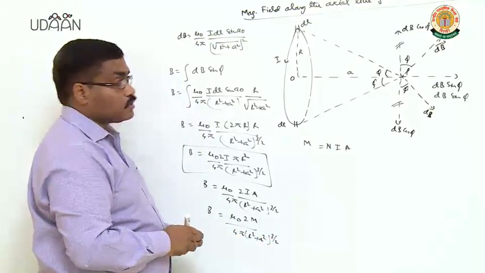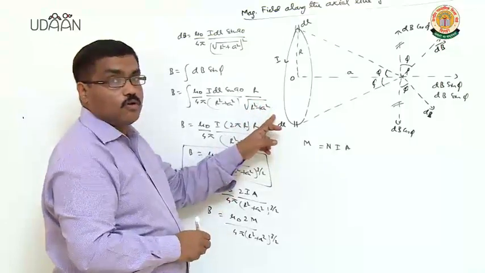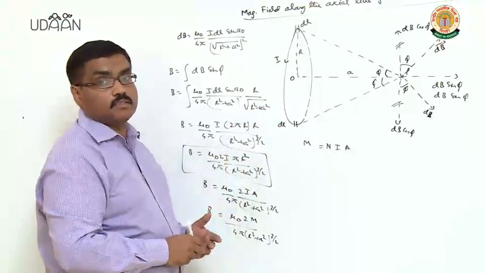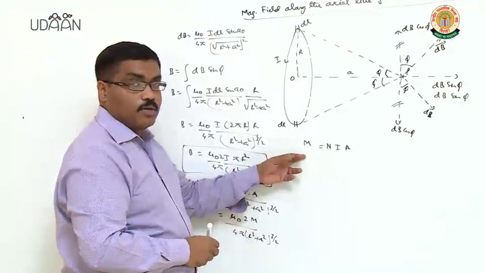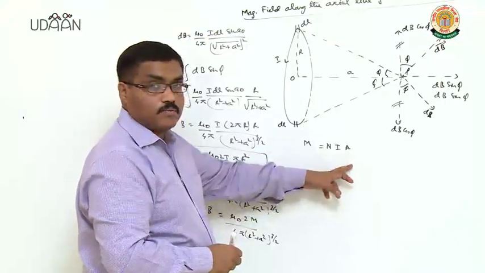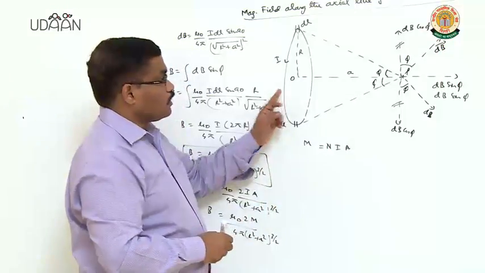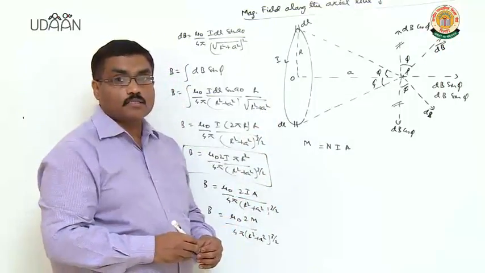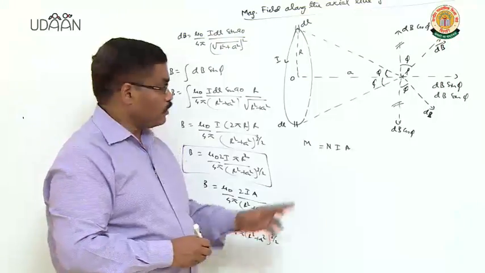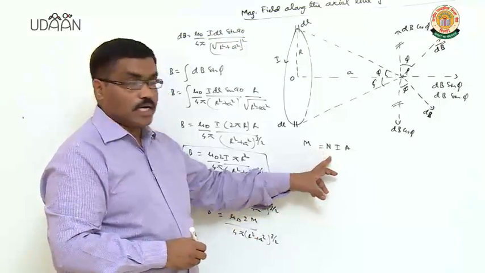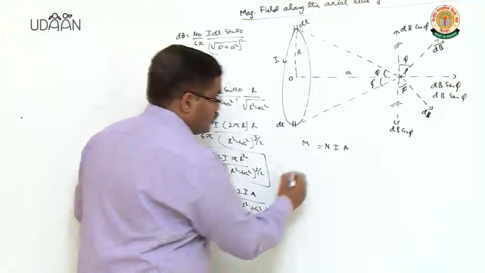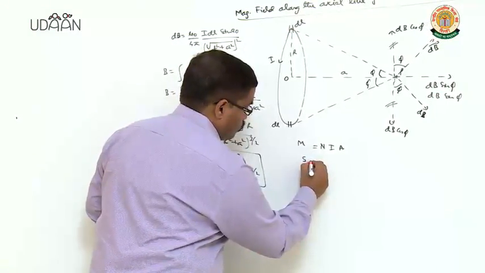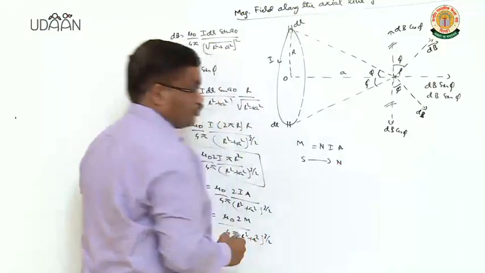In other words, every current carrying circular loop will behave as a magnet, and this magnet will have a magnetic moment M equal to NIA. Or you can say the current carrying circular loop acts as a magnetic dipole having magnetic moment M equal to NIA. Now remember, the direction of the magnetic moment is always from the south pole towards the north pole.